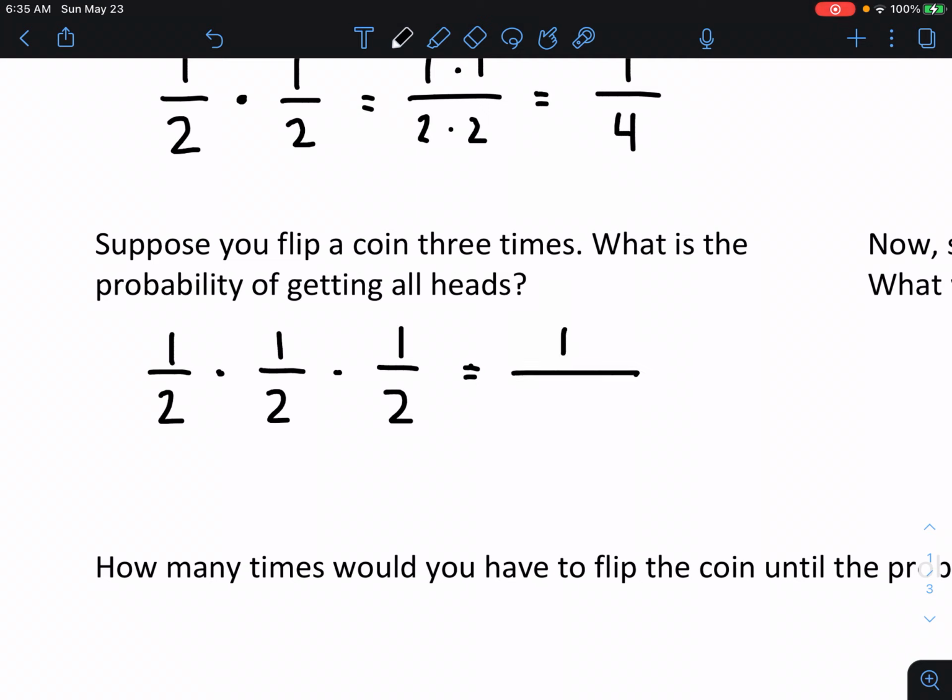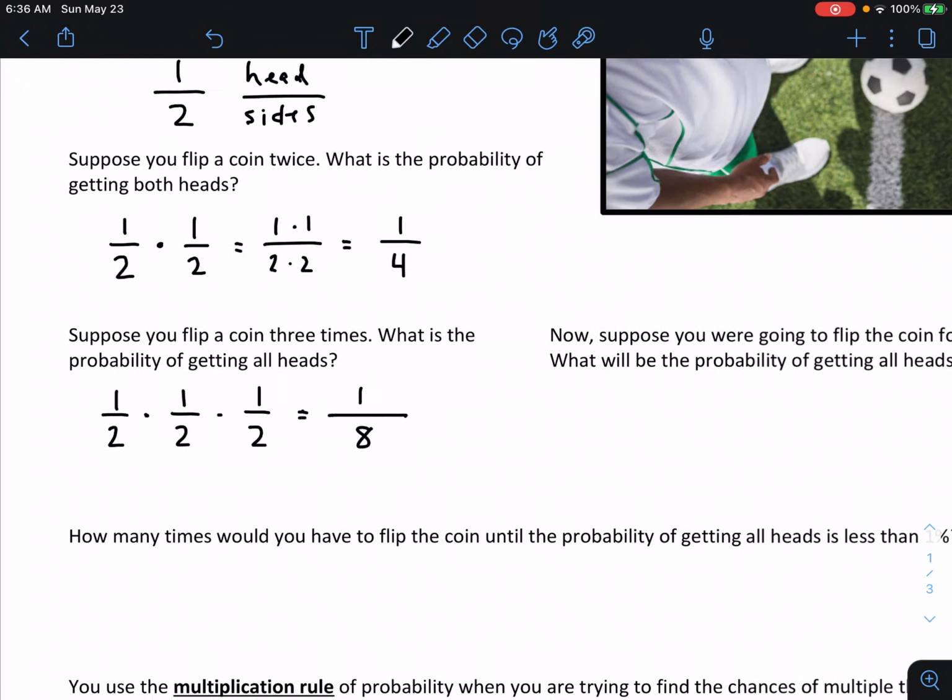Well, 2 times 2 times 2 is 2 times 2 is 4, right? Multiplied by 2 again, it's going to be 8. So the probability of flipping a coin 3 times and getting all heads is 1/8, or 1 out of 8. Okay?